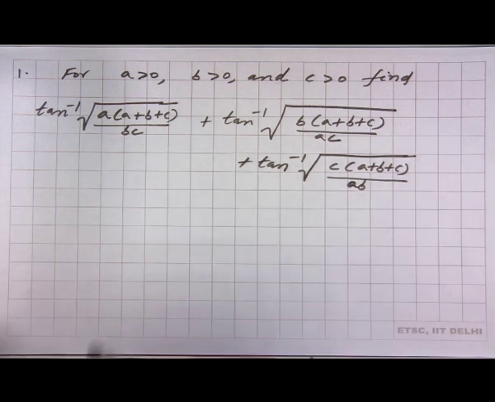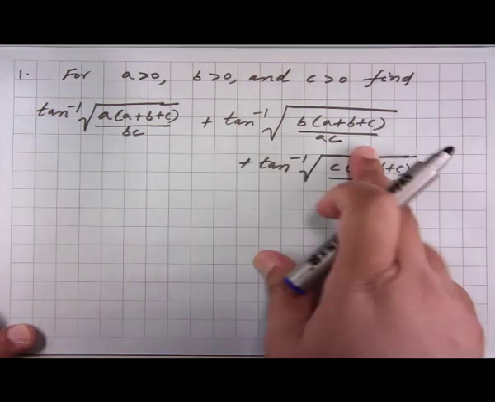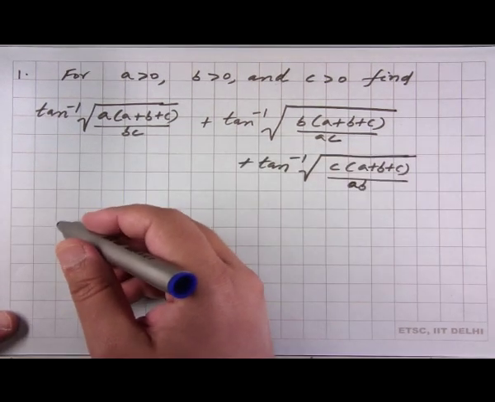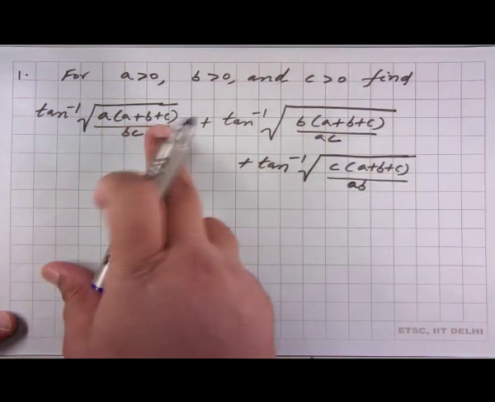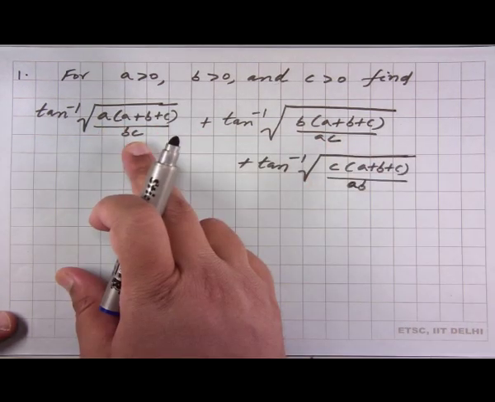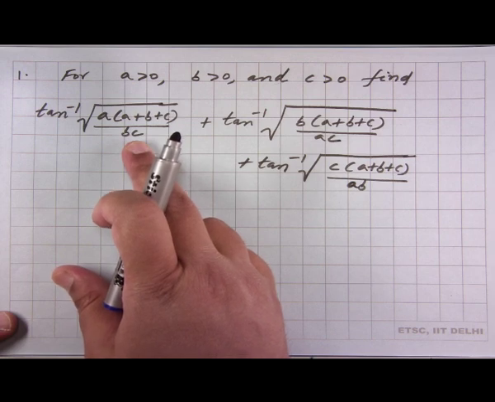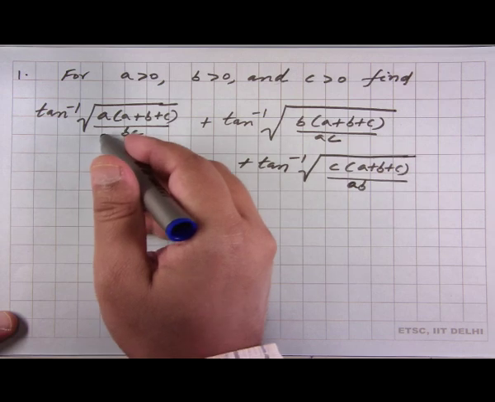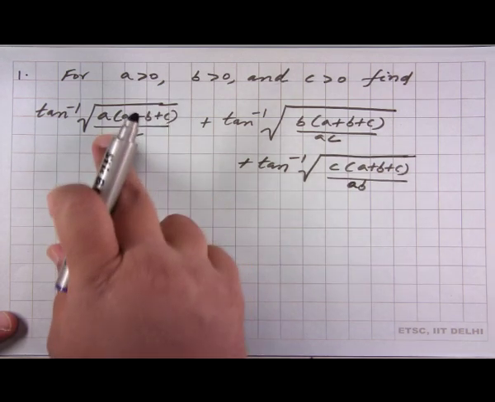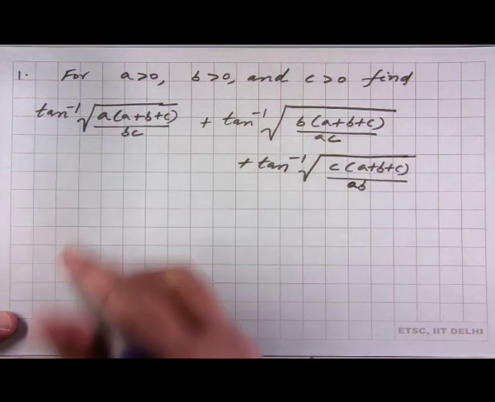So we'll start with adding the first two terms, and before that what we see is that all these three values have a plus b plus c as a common factor. Then what we can also do is multiply this first one by square root of a both in the numerator and denominator.